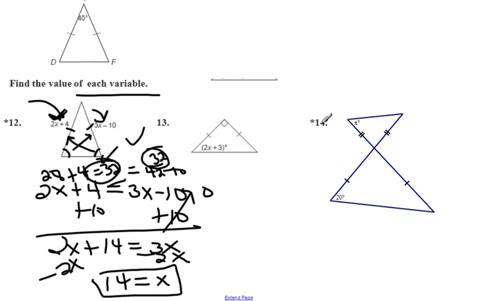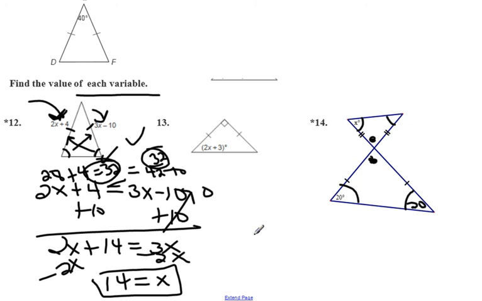Number 14, as soon as you see 2 congruent sides, mark the 2 angles congruent, here and here and here and here. If this angle is 20, then this angle is also 20. Well, in order to get over here, we have to figure out what this angle is, go vertical to that, then subtract all of them from 180 to see what the missing angle is.